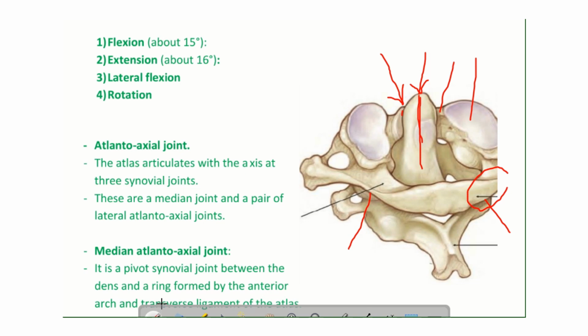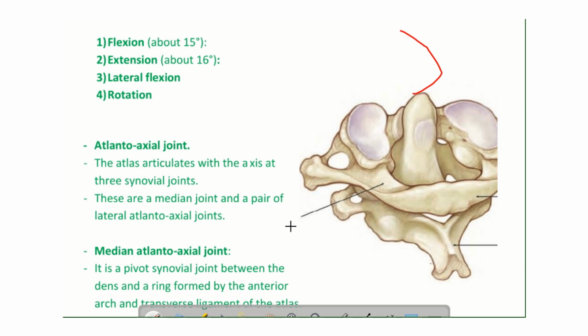Hence the atlanto-axial joints are three joints, one in the median plane, which is the median atlanto-axial joint, and the two lateral joints, which are the lateral atlanto-axial joints between the superior articular facet of axis and the inferior articular facet of atlas.